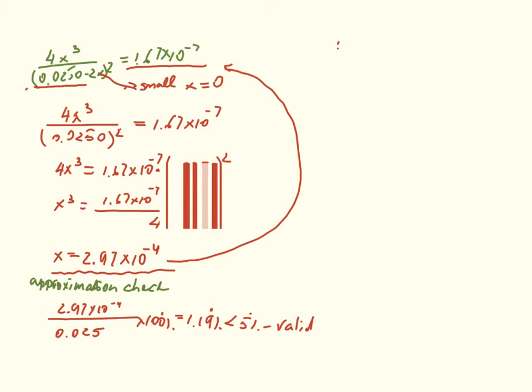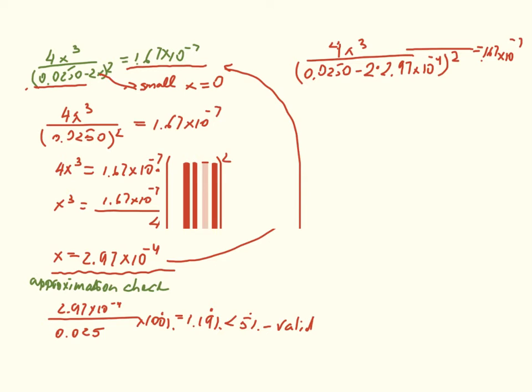So what will we have? 4x cubed over 0.0250 minus 2 times 2.97 times 10 to the power negative 4, everything squared, equals 1.67 times 10 to the power negative 7.